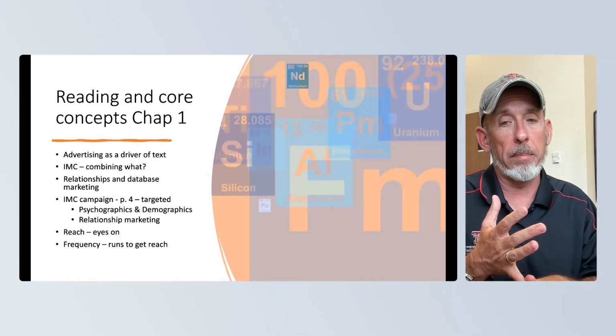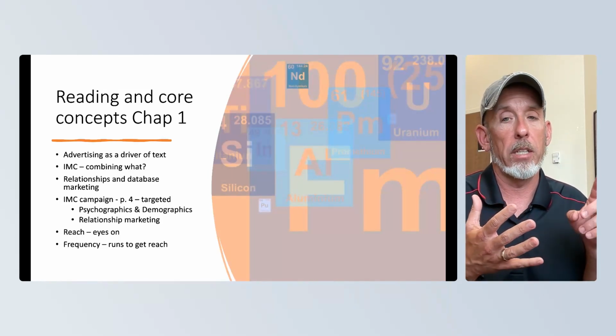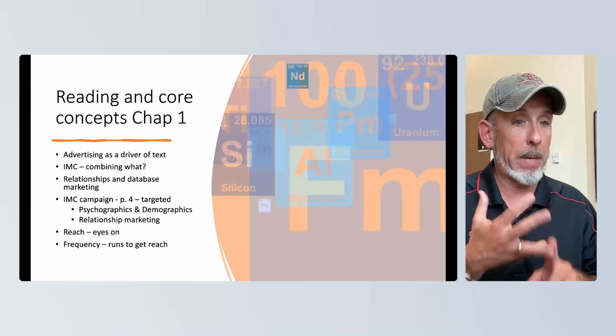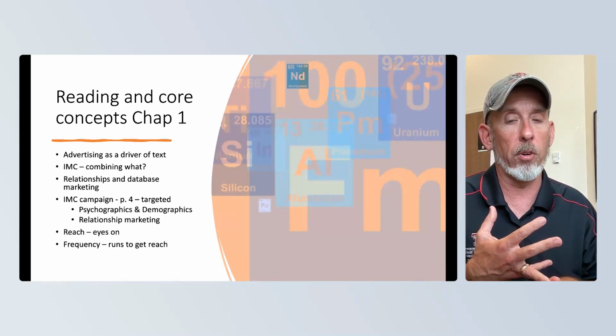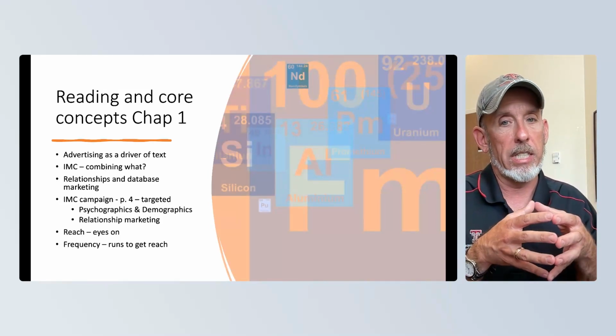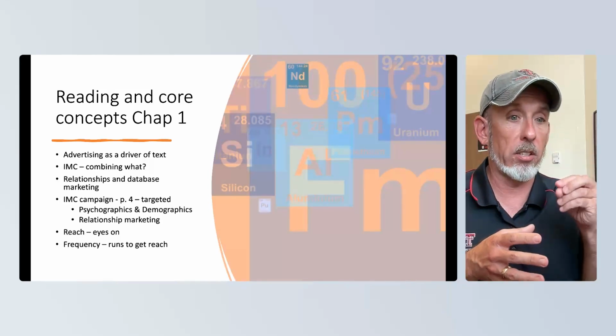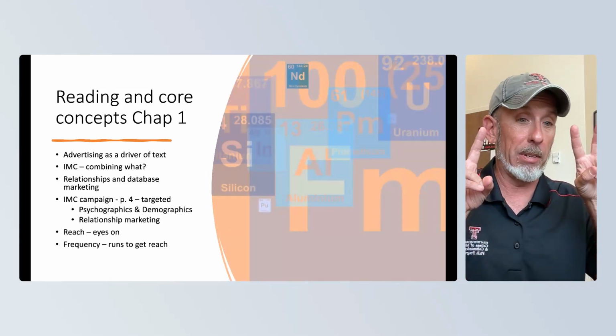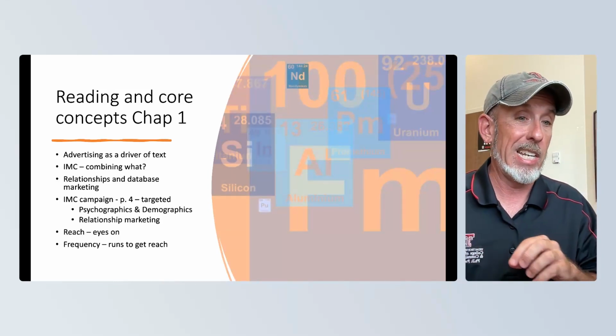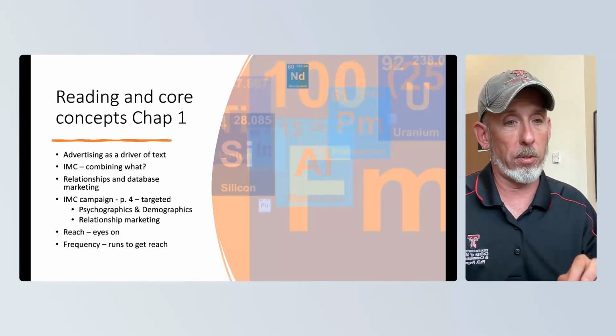We're going to talk a little bit about relationship and database marketing. We're going to talk about campaigns that you'll see on page 4, a targeted campaign toward a particular audience, or the concept of a segmented audience, which is strategic communication 101.